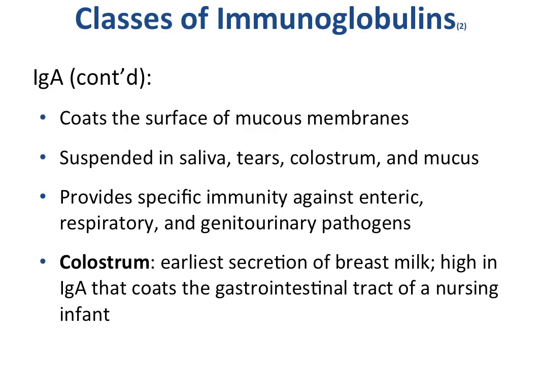Colostrum is the earlier secretion of breast milk. Colostrum contains a high concentration of IgA, so that's a good source to provide immunity for the infant.